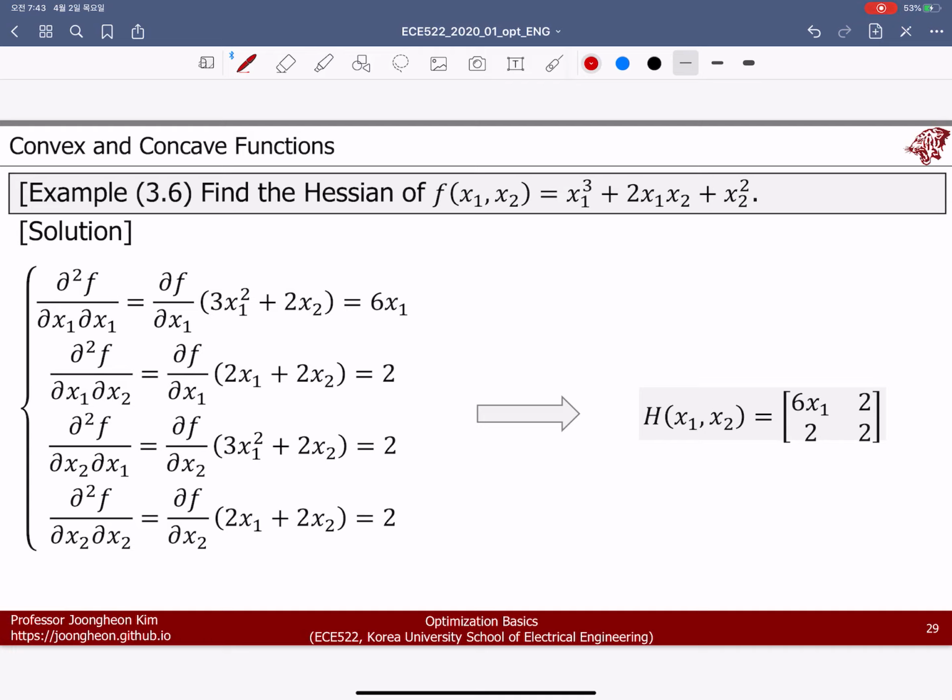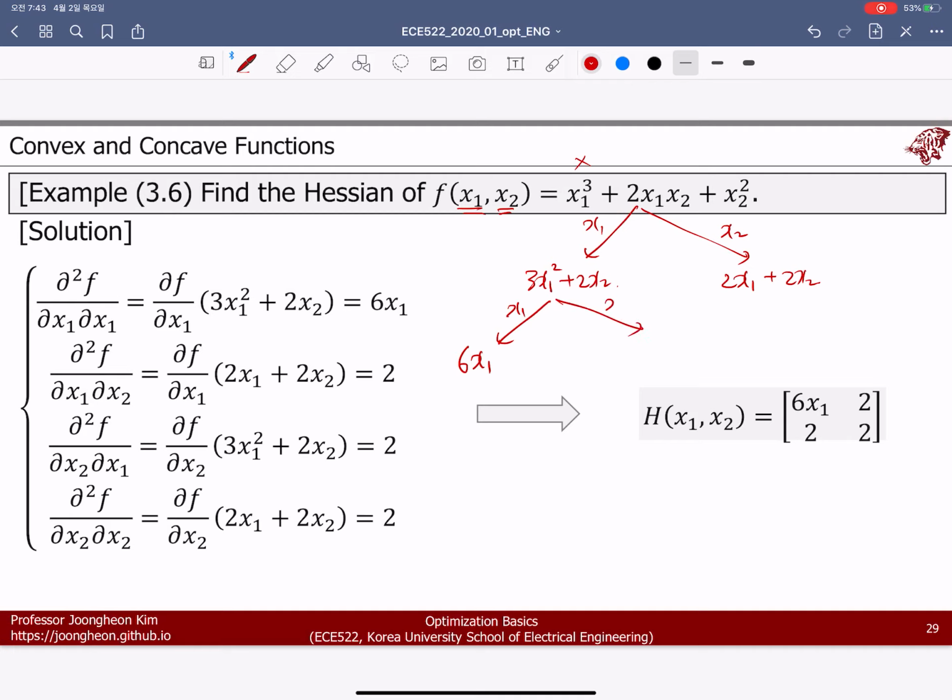So this is one example about that. We have 2 variables, x of 1 and x of 2. In this case, we want to do the derivation with x of 1. Then it becomes 3x1 squared plus 2x2. Then we want to take the second order derivation with x2, where this term is ignored, giving 2x sub 1 plus 2x2, okay? And then when we take the derivation with x sub 1, this becomes 6x sub 1.